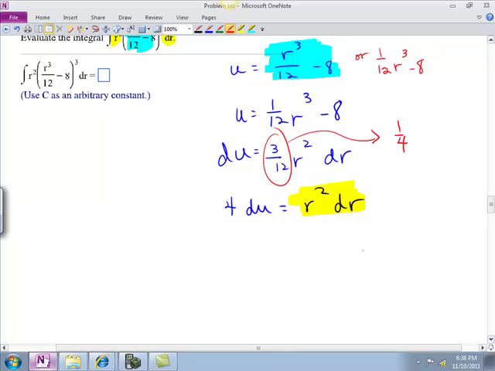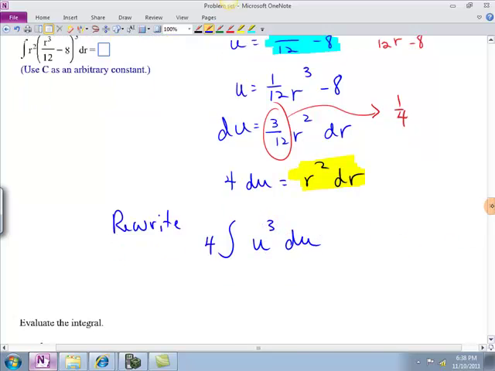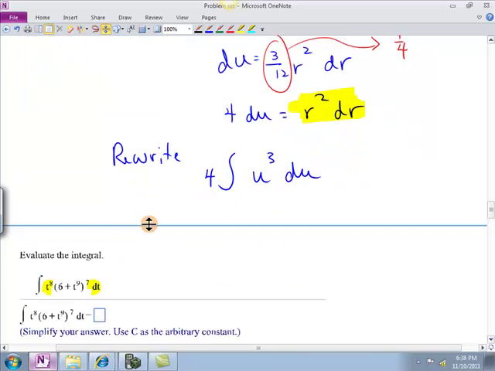And so we're dividing by 1/4 and it becomes 4. Okay? All right. So we're going to rewrite. Questions? 1/12 r cubed minus 8 is now u, to the 3. Hold on. Okay. So the integral, we have a 4 out here. The integral of what? U cubed du. What do you get when you take the integral of u cubed?